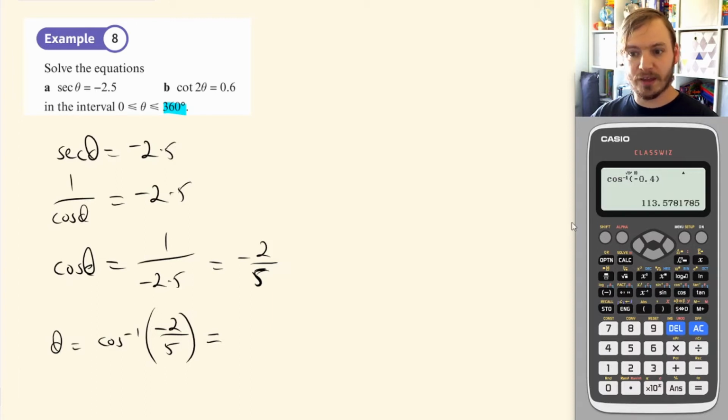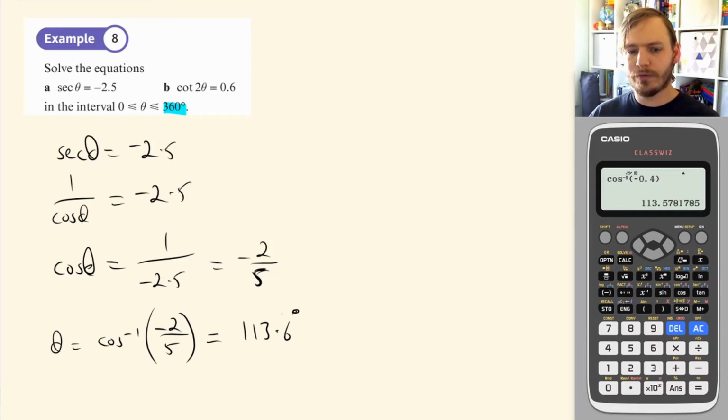And then we get a slightly more sensible answer. Cos inverse of negative 0.4 is 113.6 degrees. 3 significant figures or more is absolutely fine.